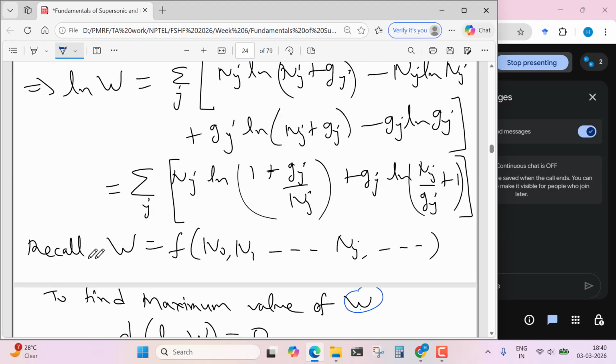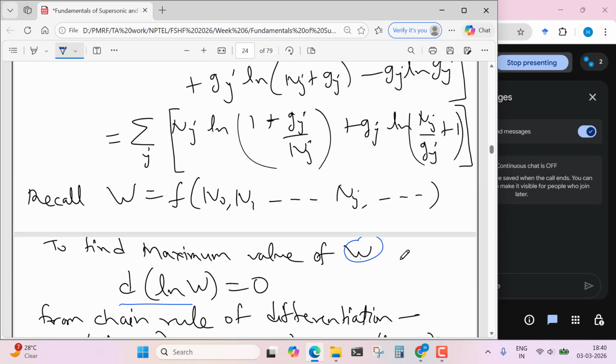Now recall W equal to f of n0, n1, nj and so on. So to find the maximum value of W, we take the differentiation of this, d log W equal to 0.